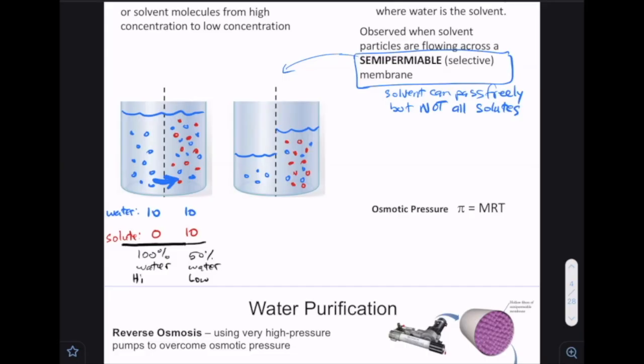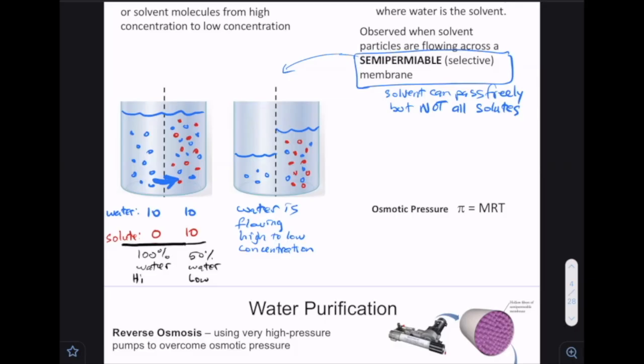All right, so the water here is flowing from high to low concentration. Now, that's the description of water diffusing.